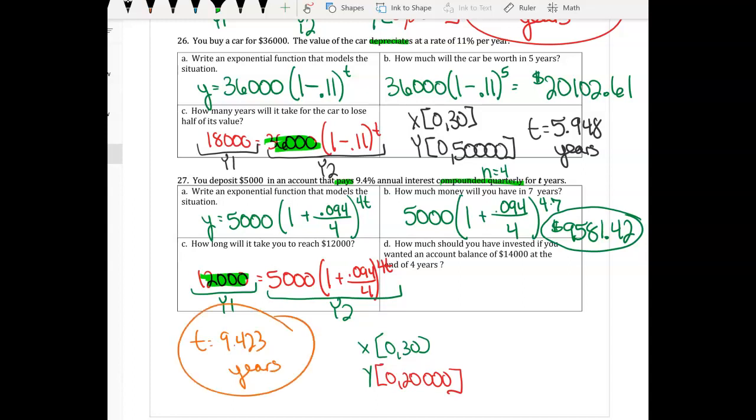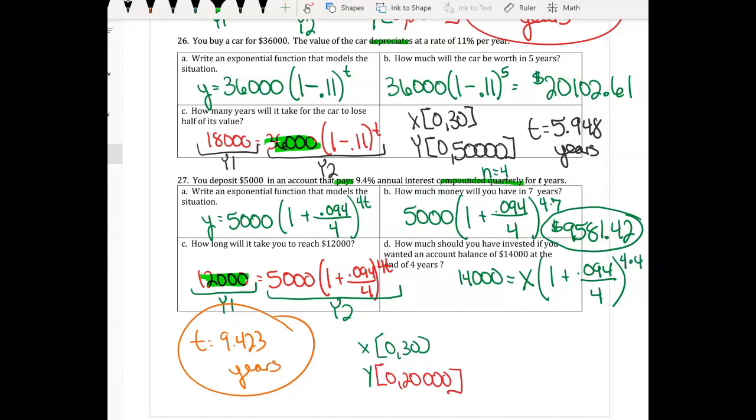All right, how much money should you have invested if you wanted an account balance of 14,000 at the end of 4 years? So that means I'm going to have 14,000 here. And this time I'm actually trying to figure out what X is. And 4 years. So there's 2 ways you can do this.